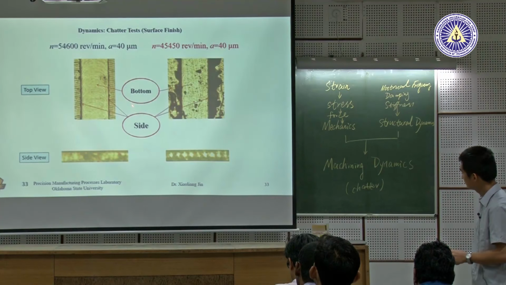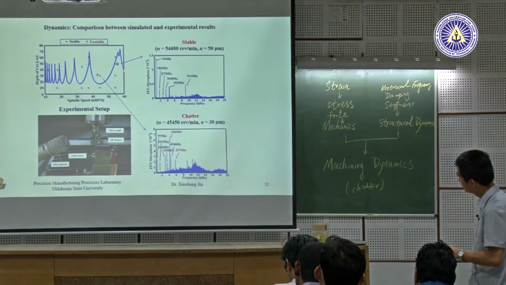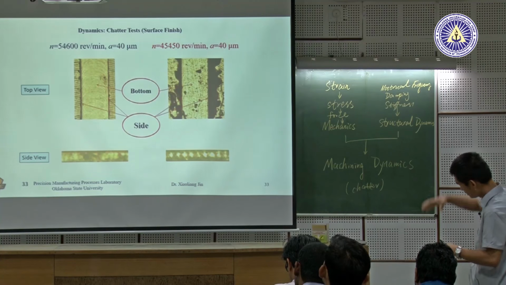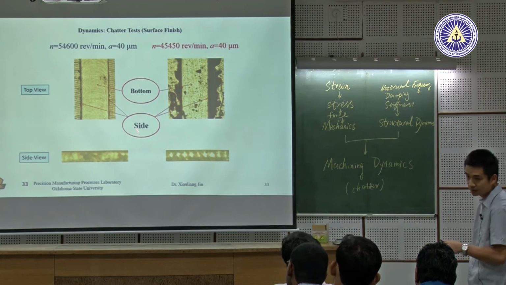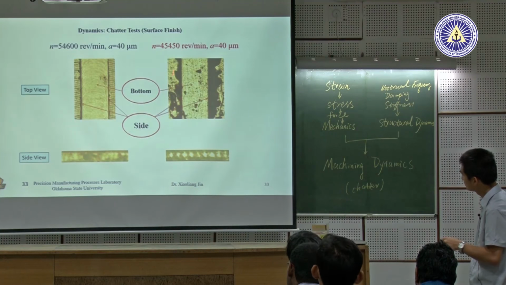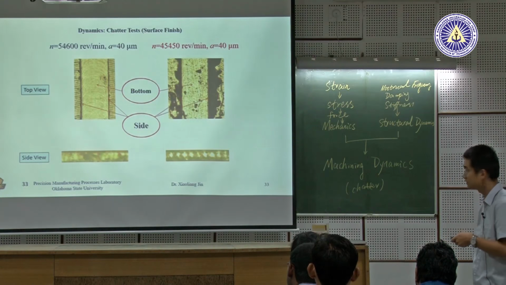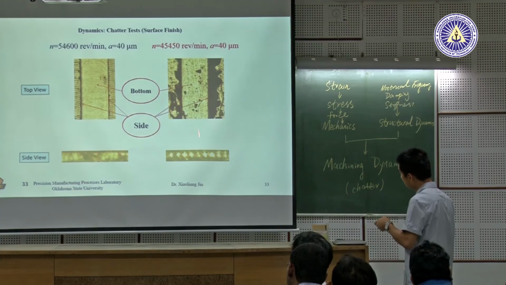Here are some pictures. This one is from point B, and the right-hand side is from point A. At point A, we took an optical microscope image and saw a lot of burrs generated because of the vibration. Those black ones are very rough from the surface point of view, and there are also some marks left on the side.